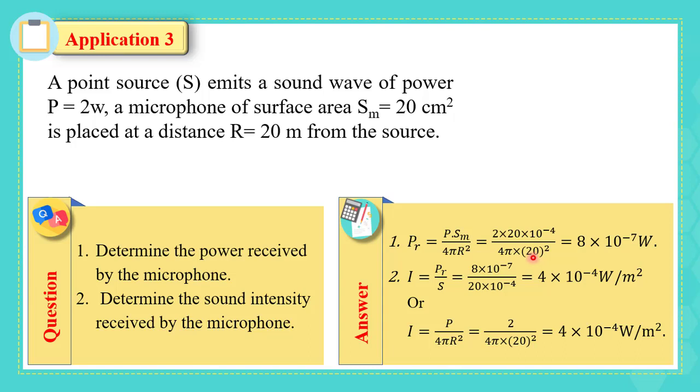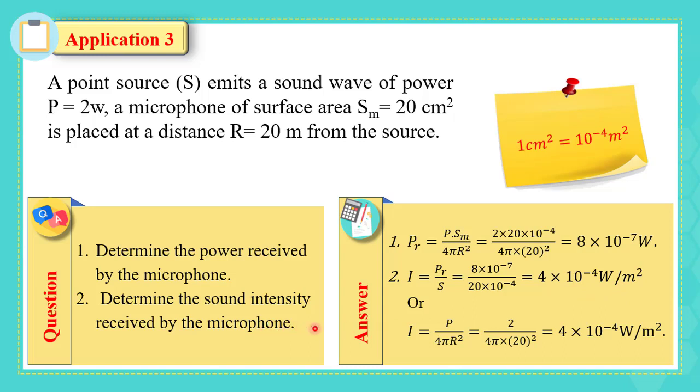And notice here, to convert centimeter squared to meter squared, we should multiply by 10 exponent minus 4. Now also apply the formula that we took to calculate the sound intensity, I equal to P over 4 pi r squared. We will get that the sound intensity is 4 times 10 exponent minus 4 watt per meter squared.